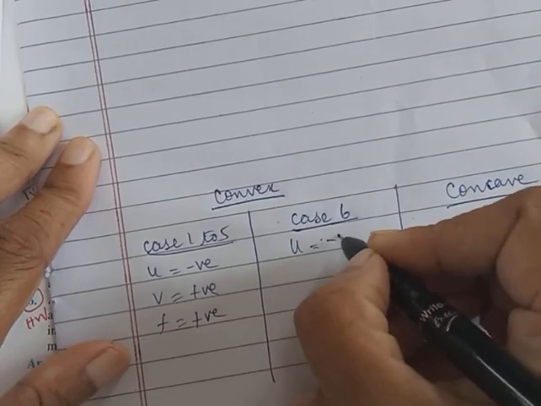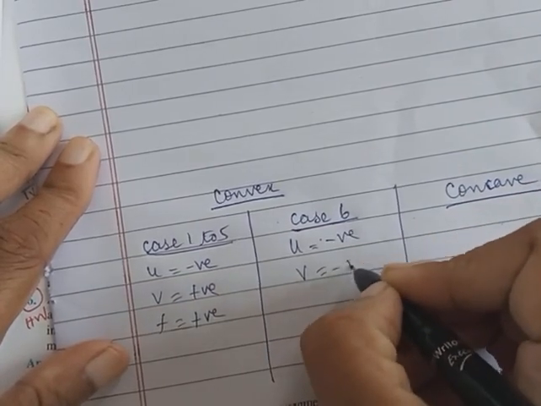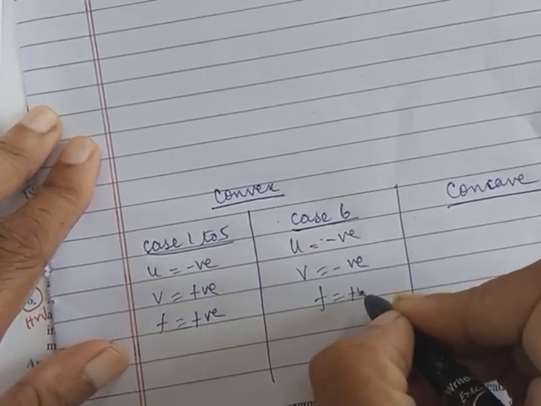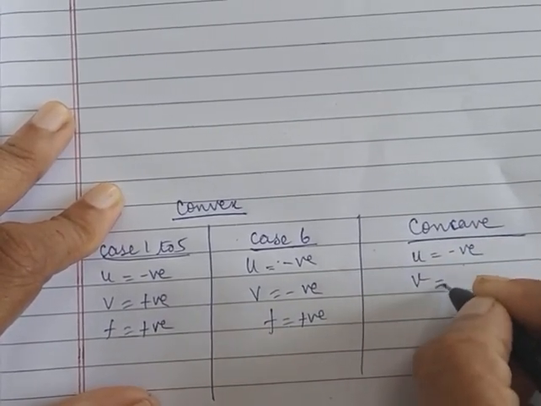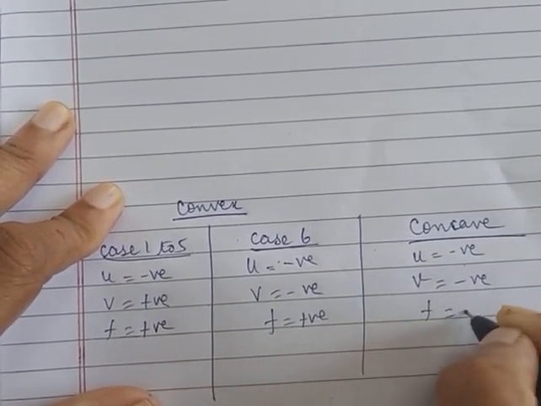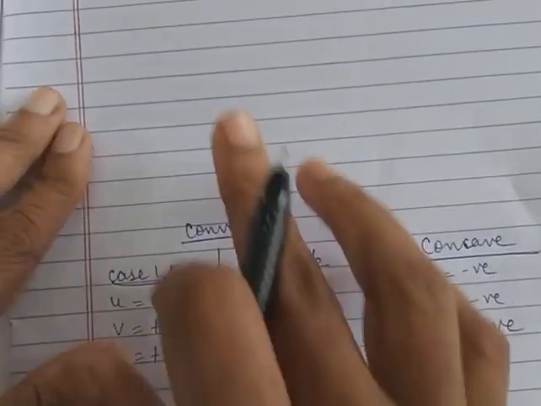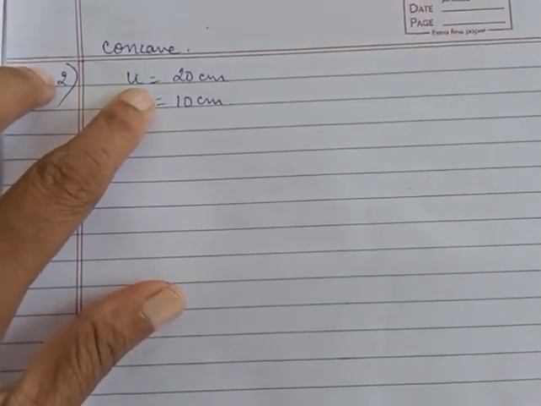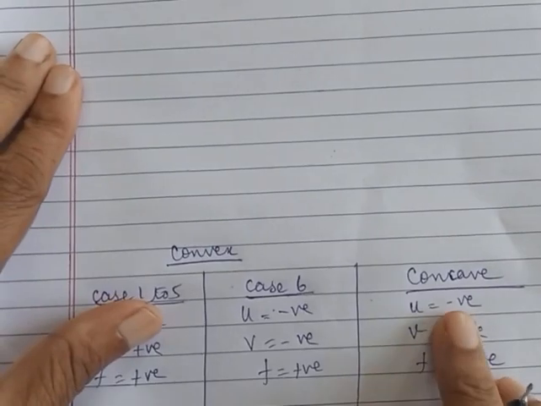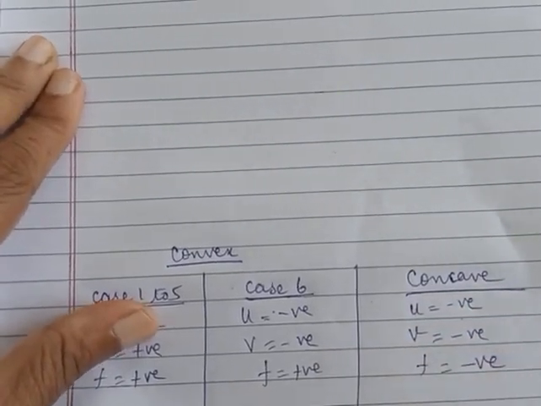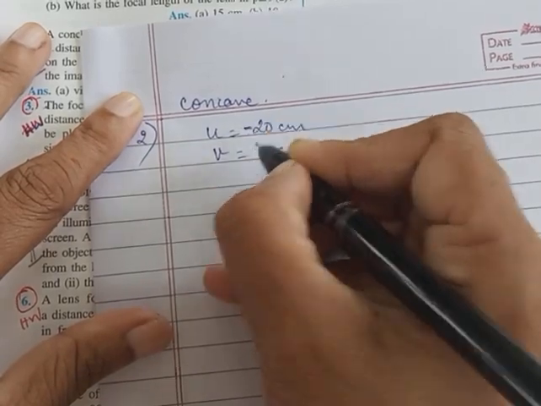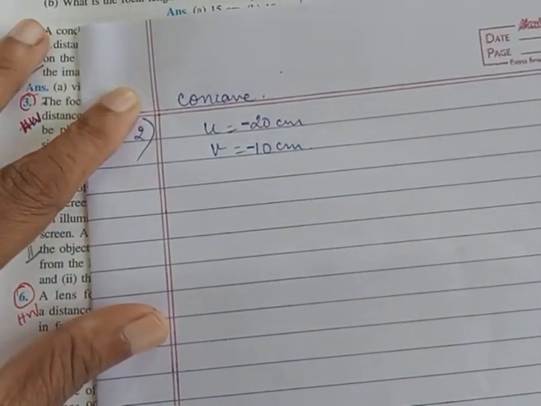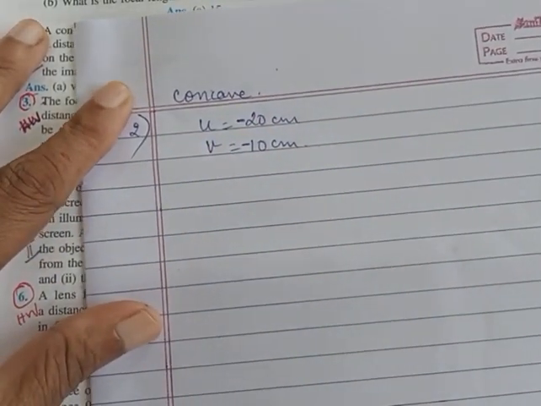Case 6: u negative, v also negative, f positive. For concave, all three negative: u negative, v negative, and f negative. So this numerical we are solving is a concave lens. So u is negative, v is also negative. After writing the numbers, the first thing you have to do is put the sign. Both will have negative sign.